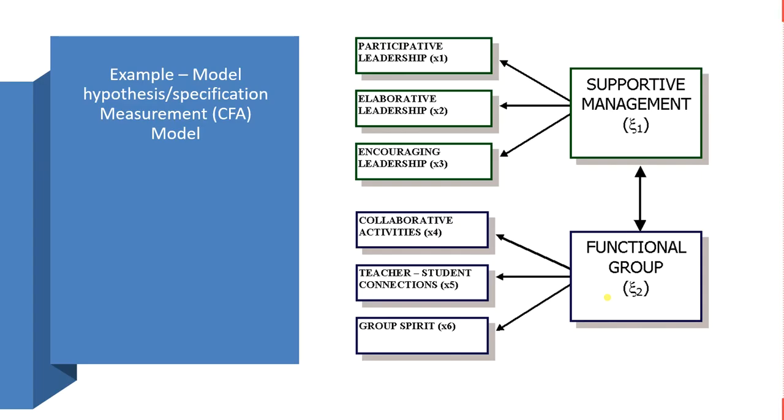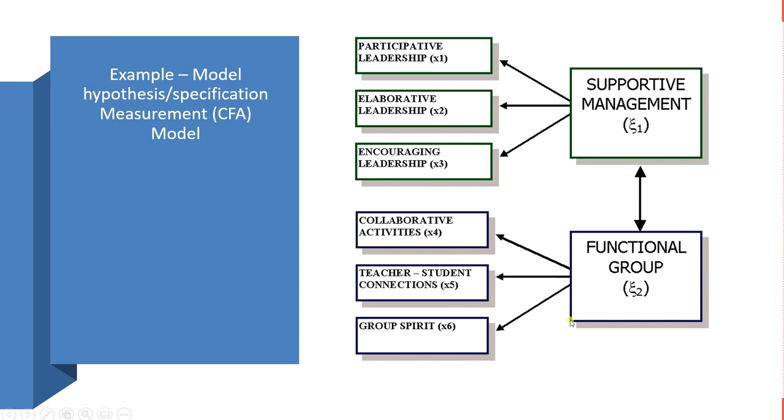Similarly, if we are working with a measurement model, this type of model, though this should be an ellipse or oval because it is a latent construct. So these three observed variables have been linked with this latent supportive management, and there is a functional group which has been linked with these three indicators.